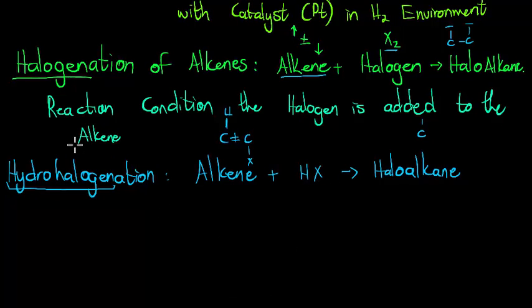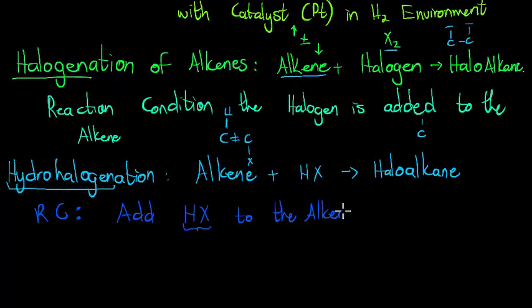Okay, the reaction conditions for this one are very similar. Add the hydrogen halide, which is what we call a hydrogen combined with a halogen, to the alkene. But no water present.